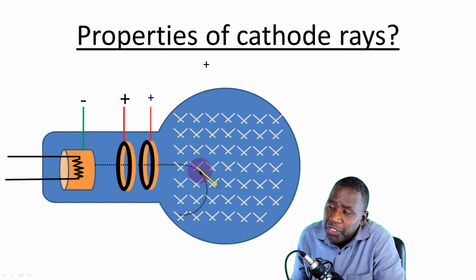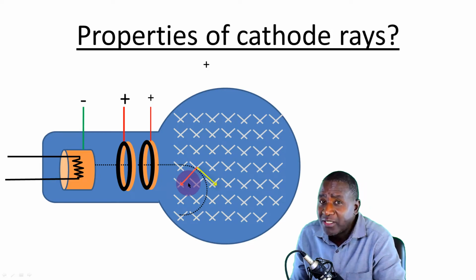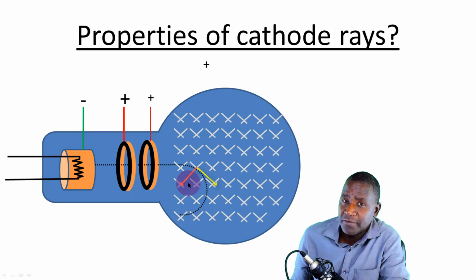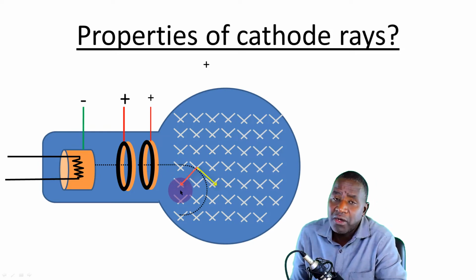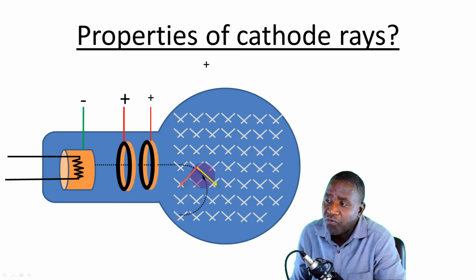So once I get that tangent, I'll always get the force to be perpendicular to that tangent, and any direction which is perpendicular to the tangent on a curve will be towards the center of that particular curve. And that is why that force ends up making 90 degrees with the instantaneous direction of travel of the charge as well as with the magnetic field.